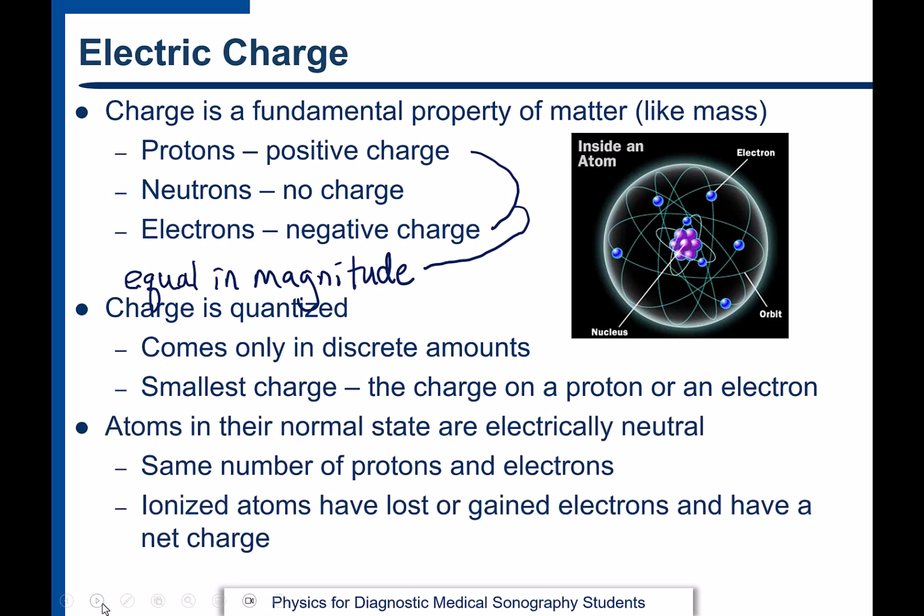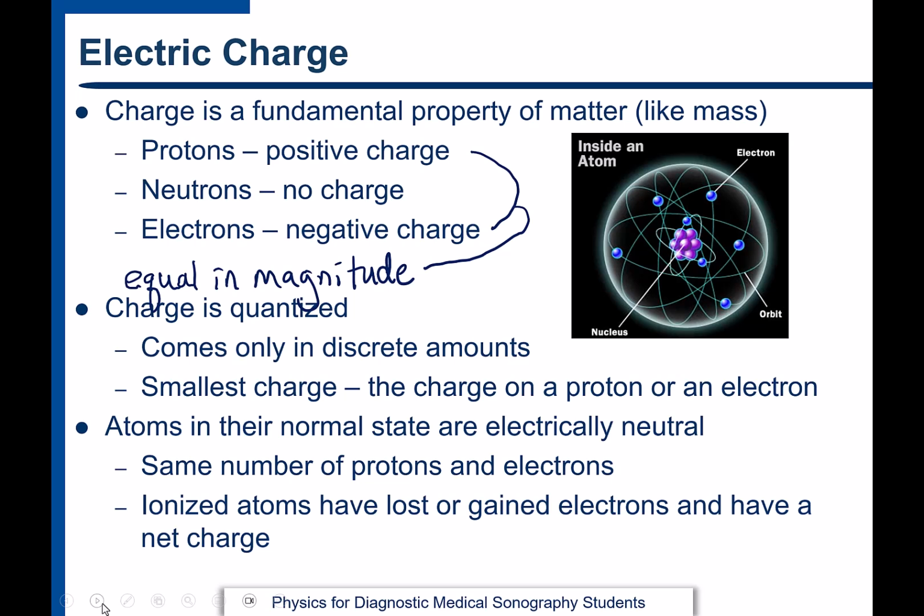Since protons and electrons have the same magnitude of charge, just opposite sign, atoms in their normal state are going to be electrically neutral. If we have the same number of protons as electrons, which is how atoms are in their normal state, then the charge will add up to 0.